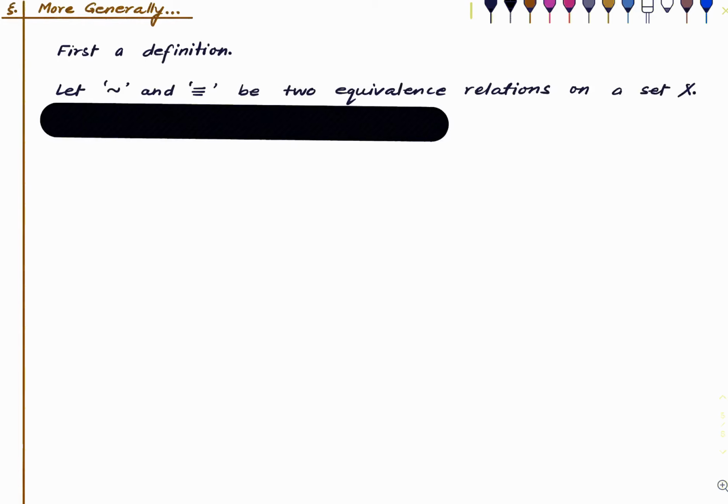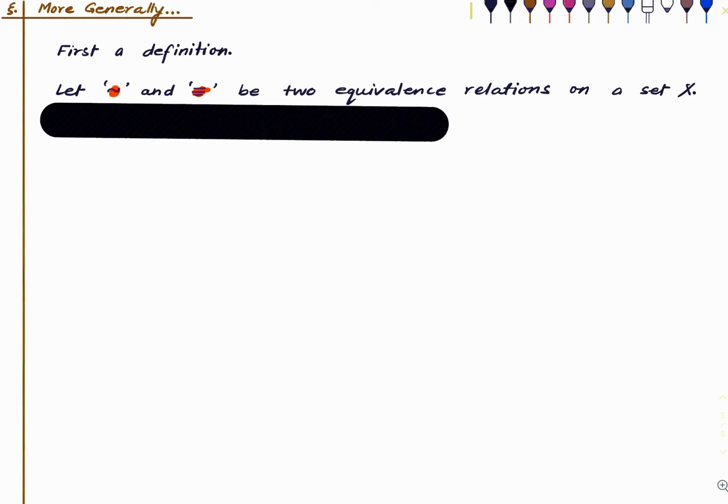Before we do that, we need to talk about a certain notion in the context of relations. So suppose we have two equivalence relations, tilde and, I don't know how to read this, I'll say congruent.